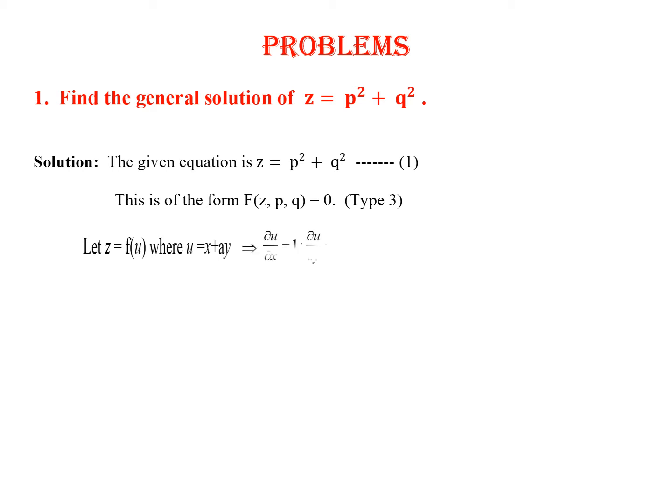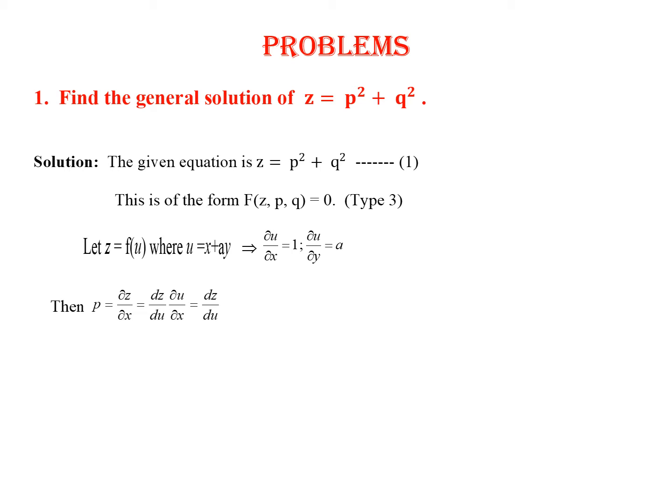Now, moving on to the partial derivatives of u, we have dou u by dou x, which is 1, and dou u by dou y equal to a. Let us use these values to find the value of p and q. Now, p is dou z by dou x, which is actually dz by du into dou u by dou x.